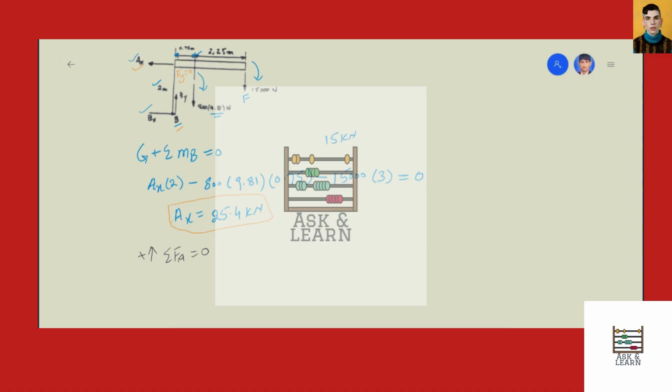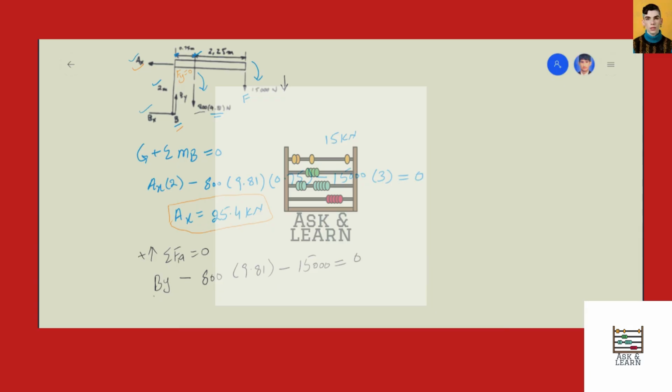So the force at point A is 0, and by this force at point B in the y direction, minus 800 times the gravity 9.81, and this force, which is in the downward direction, so negative 15 kilonewton, equal to 0.